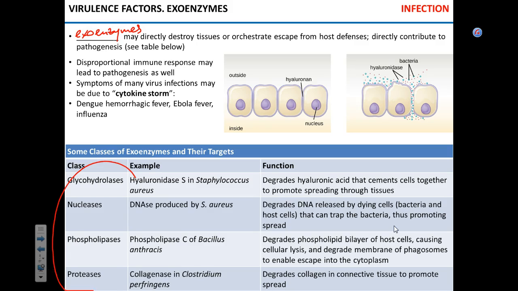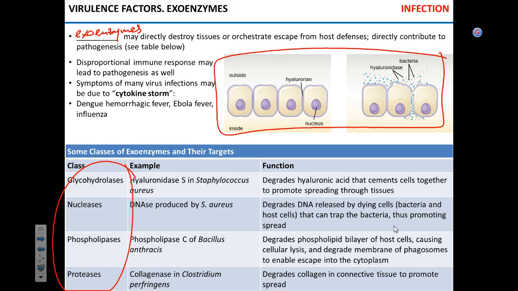There are some examples of exoenzymes that we will discuss. And this is an exemplary picture that shows how it works. For instance, the enzyme called hyaluronidase that is produced by Staph aureus belongs to the class of glycohydrolase. Essentially, it destroys the compound called hyaluronan that is a part of extracellular matrix in human tissue.